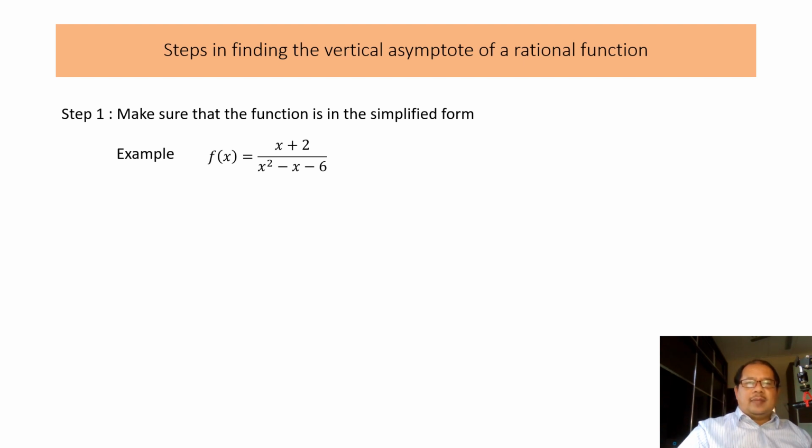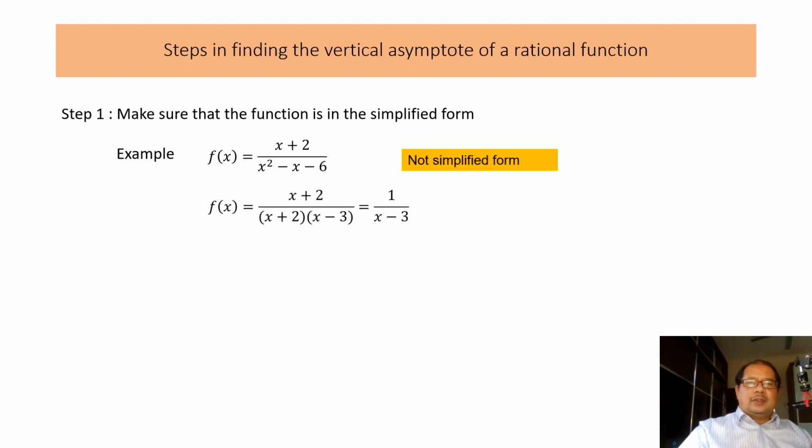X squared minus x minus 6 we can factorize and then we can simplify. This is not a simplified form, so we can reduce to f(x) equal to x plus 2 over (x plus 2)(x minus 3). So x plus 2 with x plus 2 we can cancel here. So f(x) equal to 1 over x minus 3. Okay, this is a simplified form.